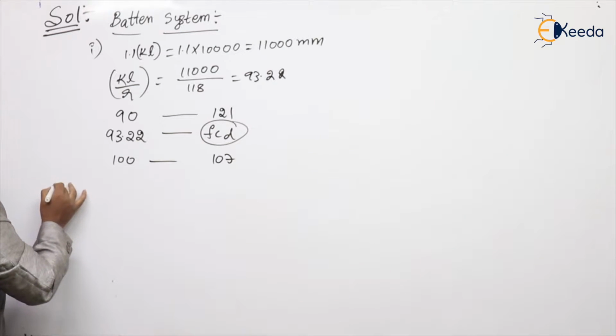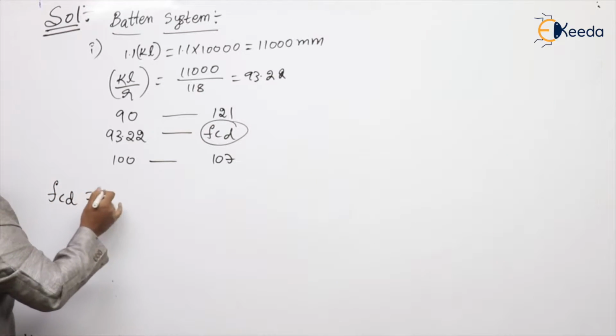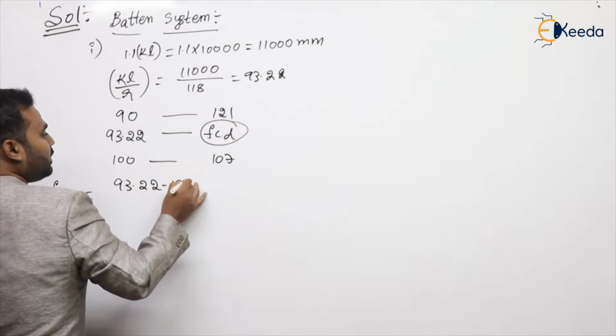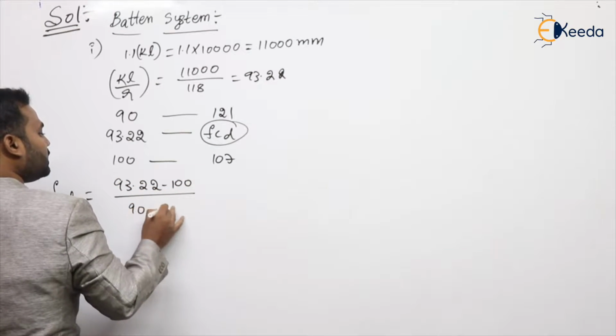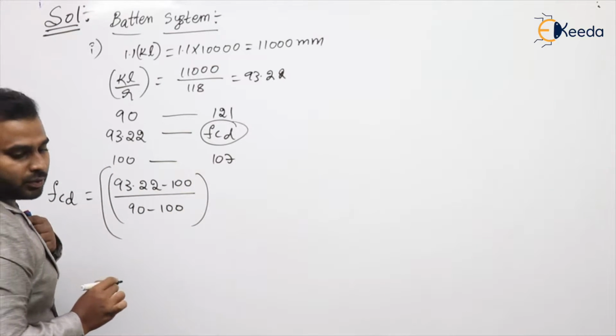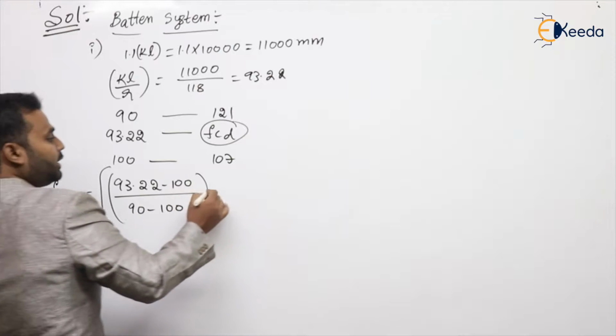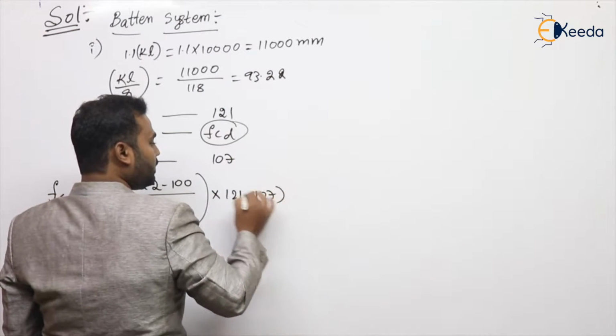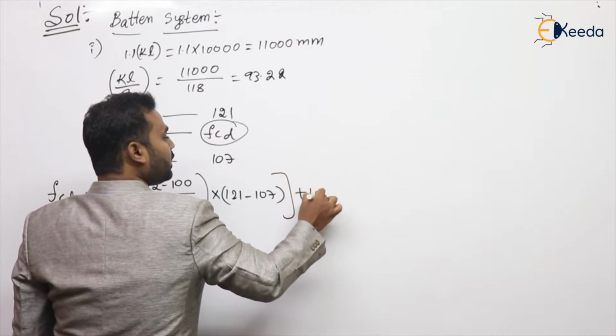Directly I write that formula: FCD is equal to (93.22 minus 100) upon (90 minus 100) into (121 minus 107) plus 107.